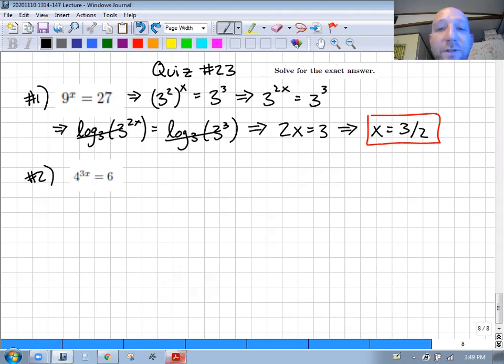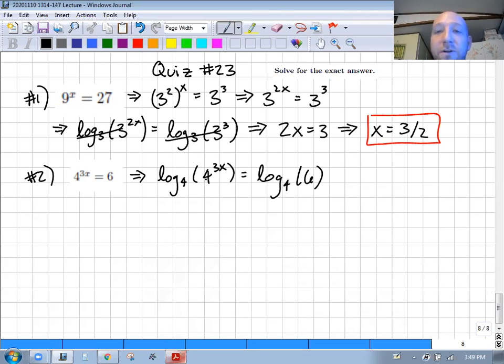What would happen if we took log base 4 of both sides, though? That would undo one another, and we'd have 3x equals log base 4 of 6. That'll work as long as we leave our answer in terms of log base 4.